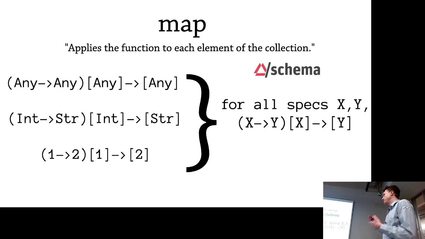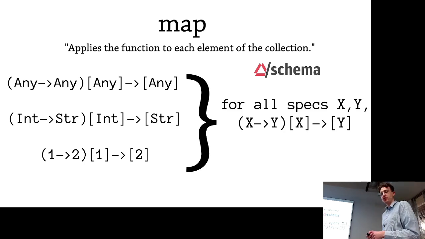We can summarize this as for all specs x, y, takes x, function from x to y, a bunch of x's, returns y's. And we can do the same trick again, count the number of arrows from the left to the right. I won't bore you with it.